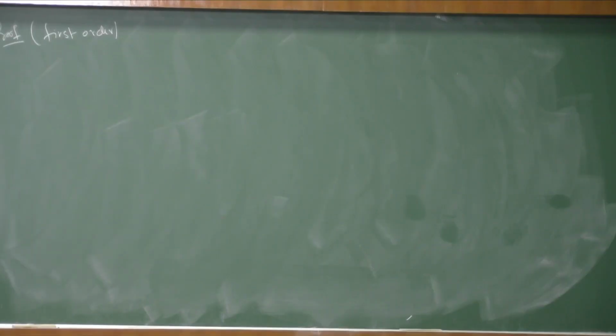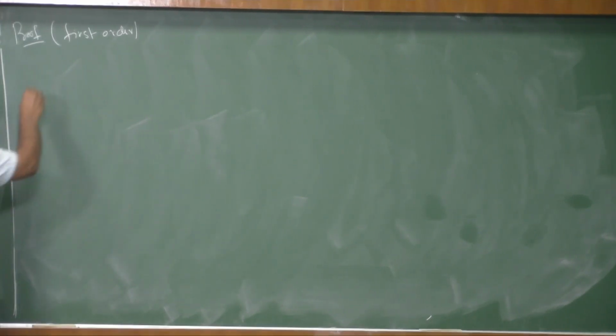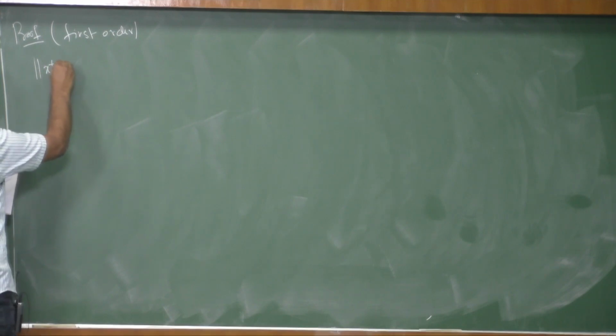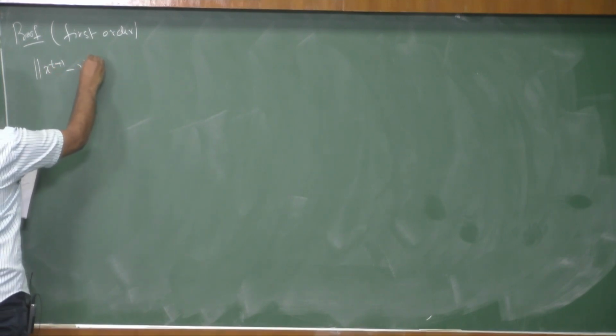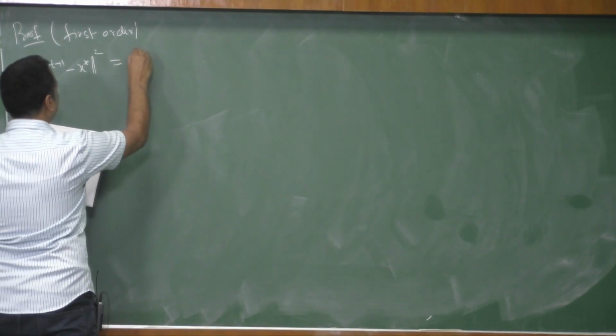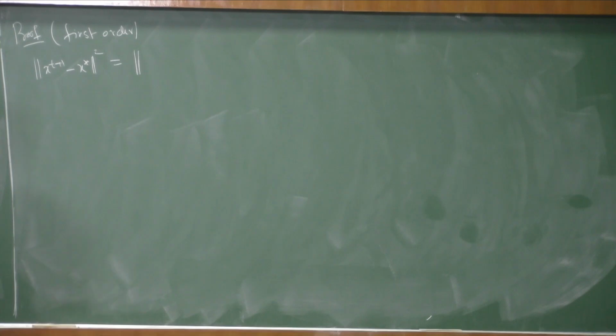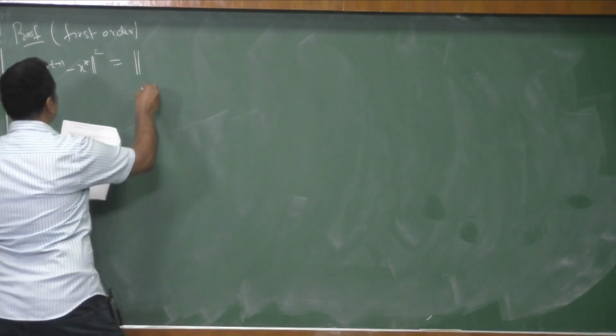We start from the left hand side, the norm of x(t+1) minus x star squared. Since it's gradient descent, in place of x(t+1) I will substitute x(t) minus gamma grad f(x(t)).